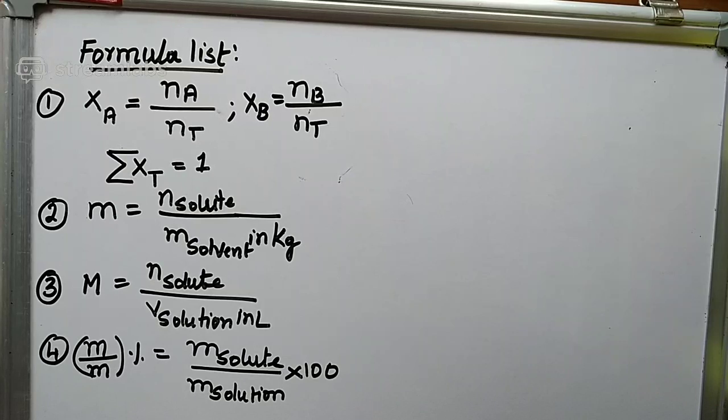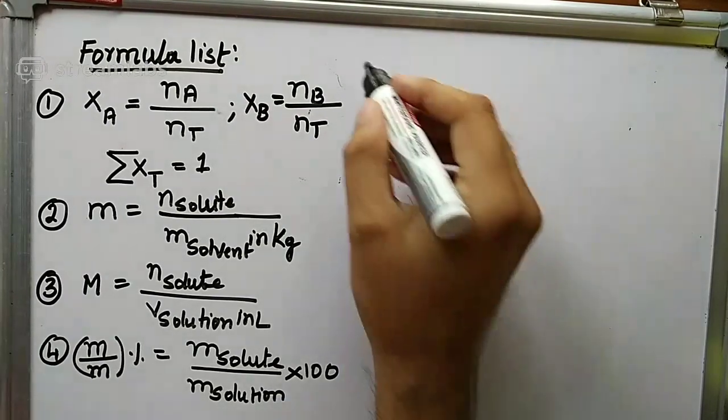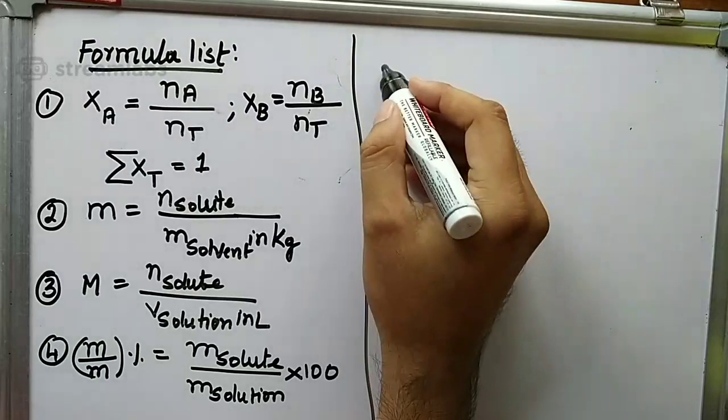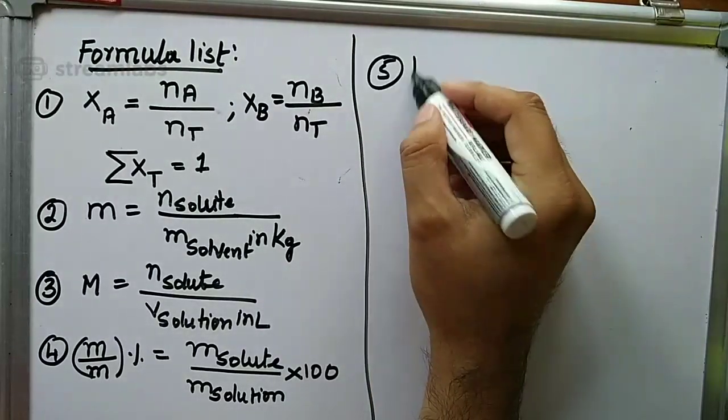And the next formula that we have studied was the fifth one. Let me write it here. Parts per million.